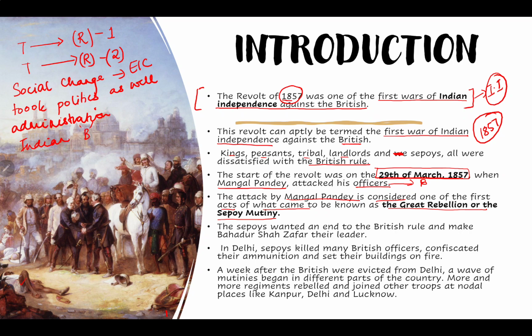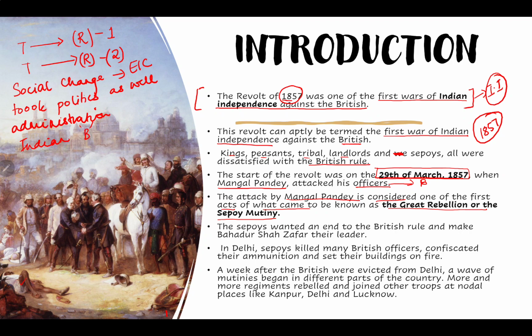Don't be confused, because every name refers to the revolt of 1857: it can be named the Sepoy Mutiny, or the Great Rebellion. So till now we have discussed three names: revolt of 1857 or first war of independence, Sepoy Mutiny, as well as Great Rebellion.